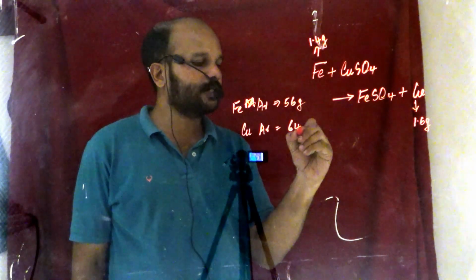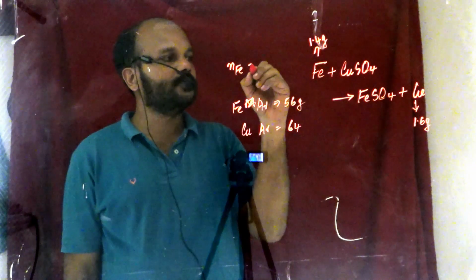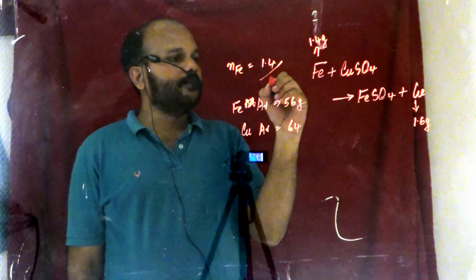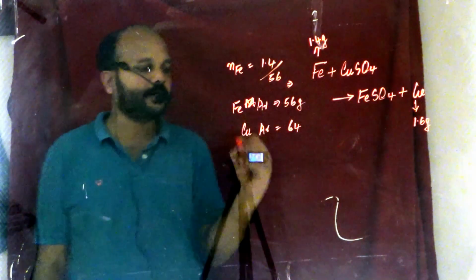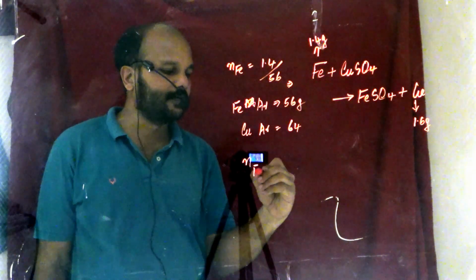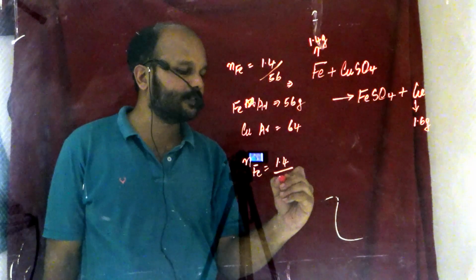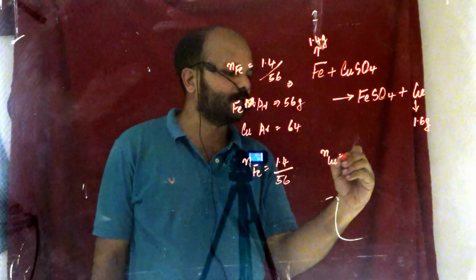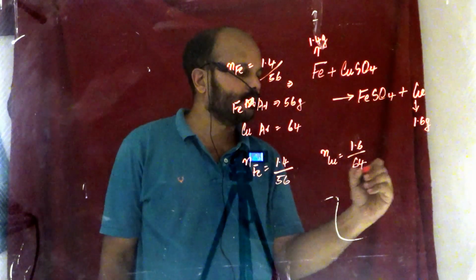So let's calculate the number of moles of iron in this. Number of moles of iron is going to be 1.4 divided by 56. Number of moles of copper is going to be 1.6 divided by 64.